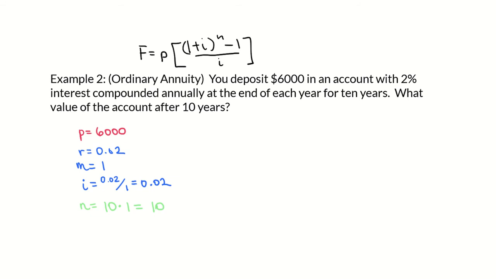And now we have the information to set up the equation. So F equals the payment of $6,000 multiplied by 1 plus i, which is 0.02, to the n, which is 10, minus 1 over i, so 0.02.